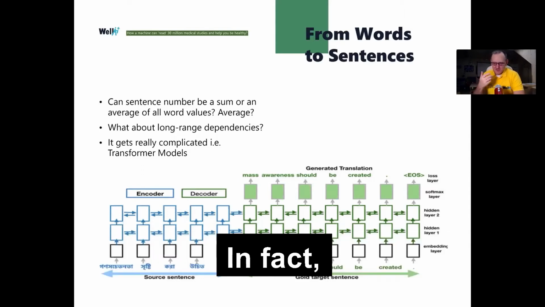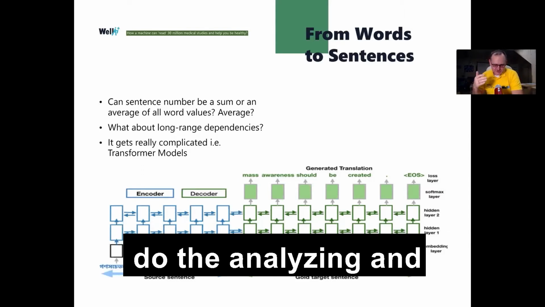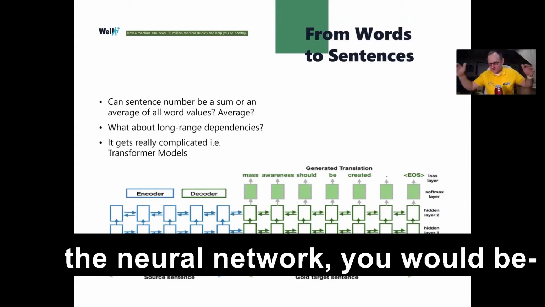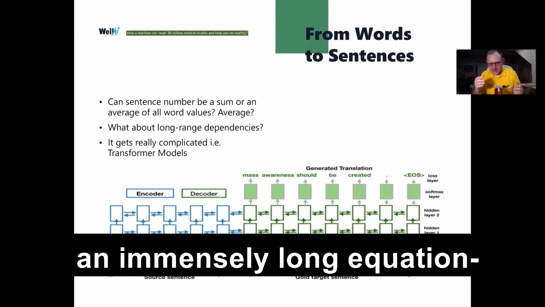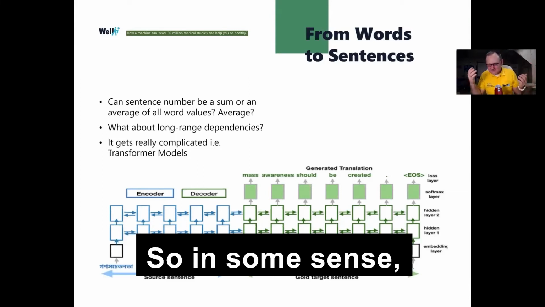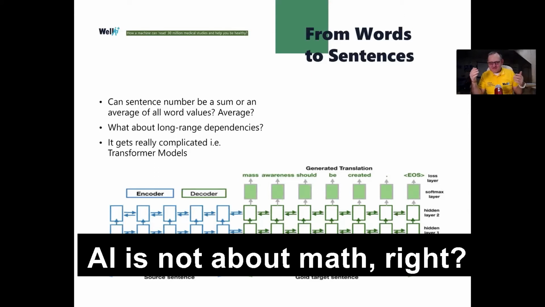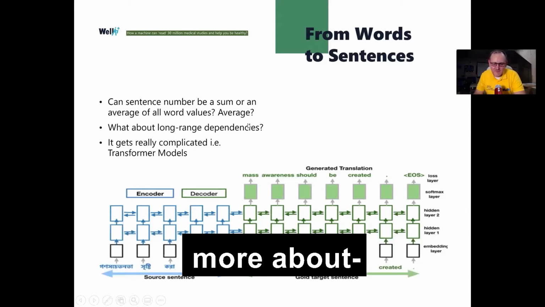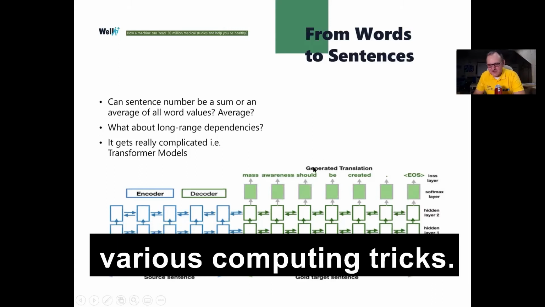In fact, you let the computer do the analyzing and you never write down the math. If you could write down the neural network, it would be an immensely long equation, but we never do. So in some sense, AI is not about math, right? You do need to understand what you're doing, but it's a lot more about various computing tricks.